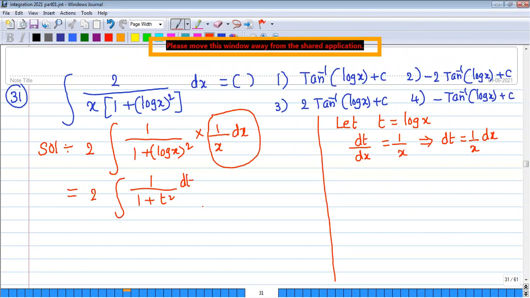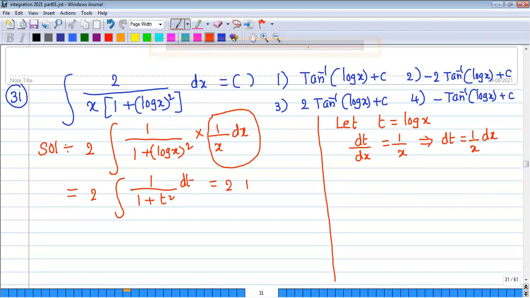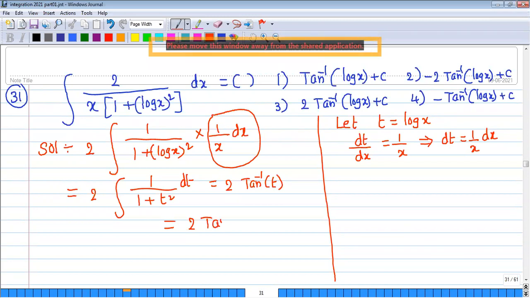This is a standard result: integral of 1 by 1 plus x square dx is tan inverse x. Integral 1 upon 1 plus t square dt is tan inverse t. 2 multiplied by tan inverse t, where t stands for log x. So that is 2 times tan inverse of log x plus c. Third option is the right option.